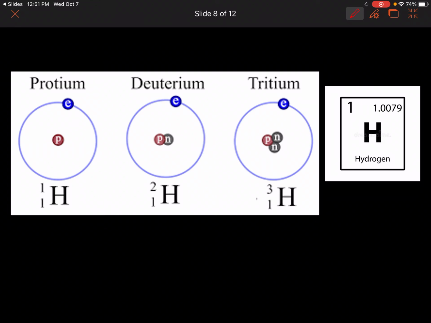Now, I want you to look at this example again. This is back to our hydrogen here. If I calculate the masses of each of these, this is going to be 1 AMU, this is 2 AMUs, and this one is 3 AMUs. So those are the 3 types of hydrogen that naturally occur on our planet. However, if I asked you to find the average mass of the 3, what you're going to do is 1 plus 2 plus 3, right?